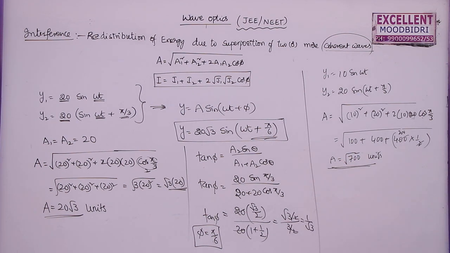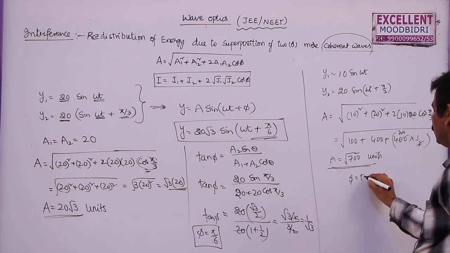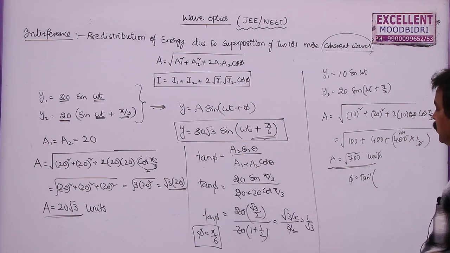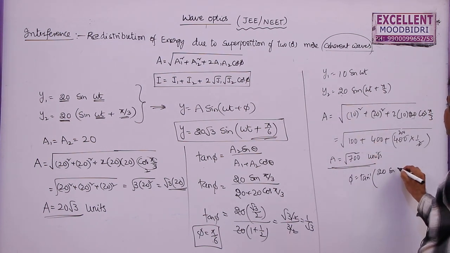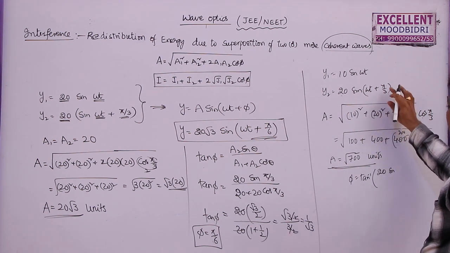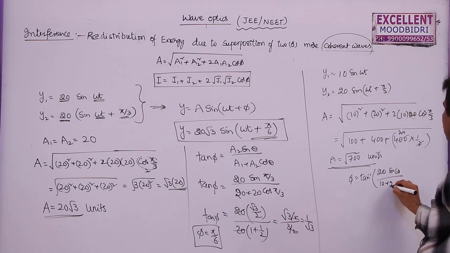After that we need to find the phase angle here. The phase angle phi is equal to tan inverse of 20 sin 60 divided by 10 plus 20 cos 60.